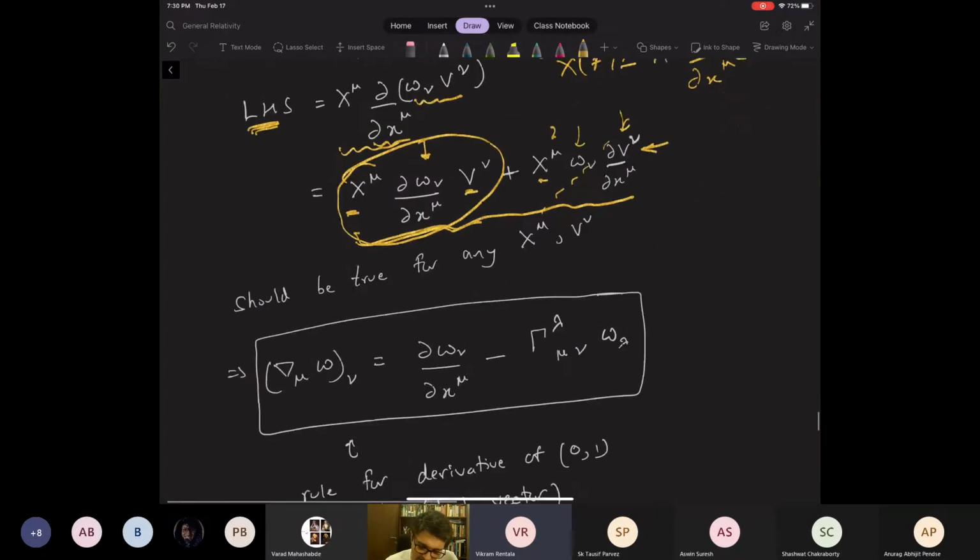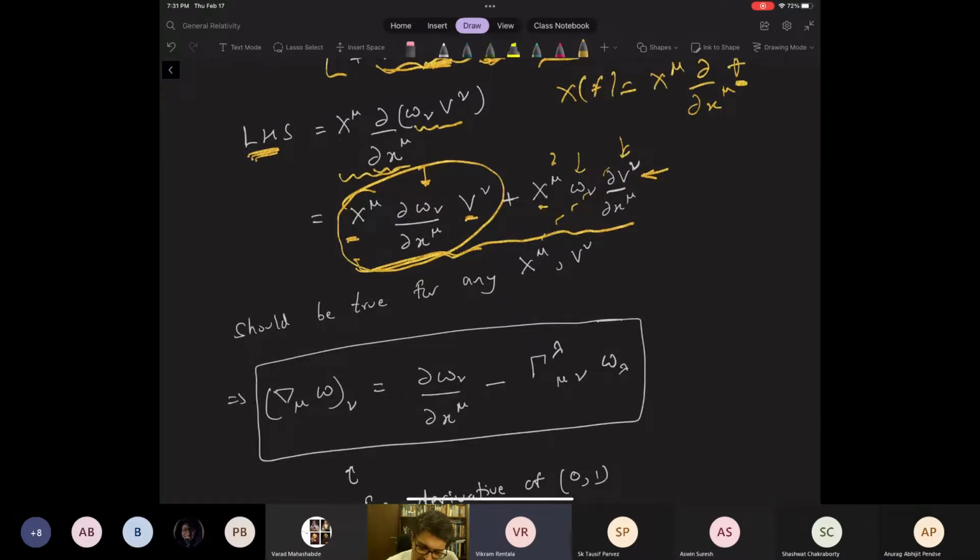And you can check this carefully, the whole thing is multiplied by x^μ v^ν, and on this side also the whole thing is multiplied by x^μ v^ν.